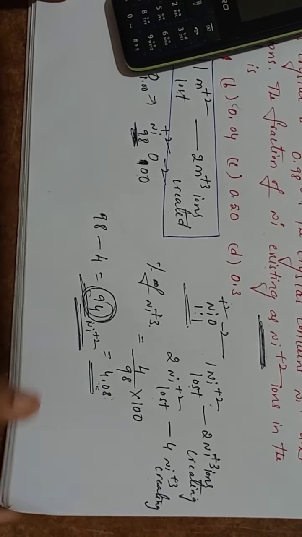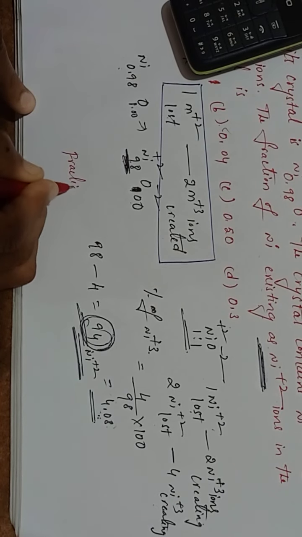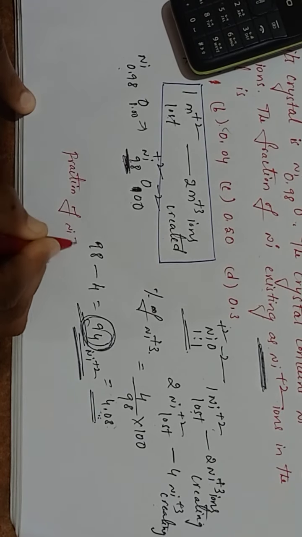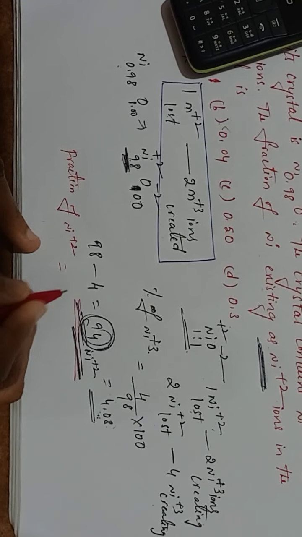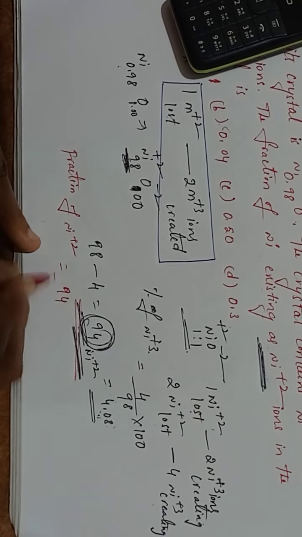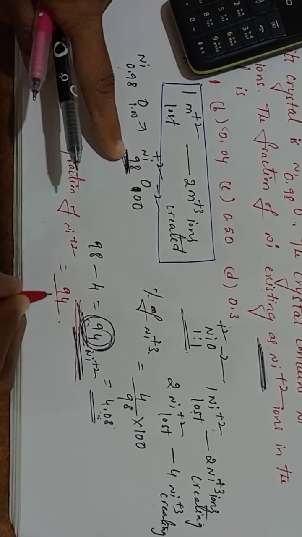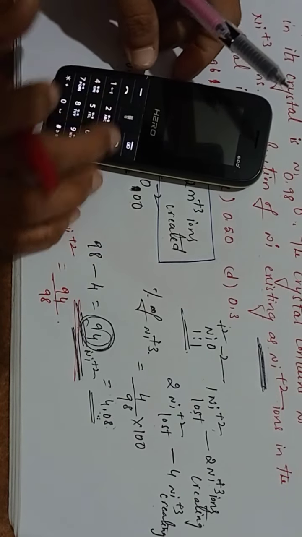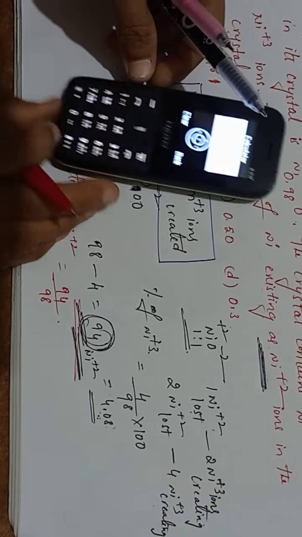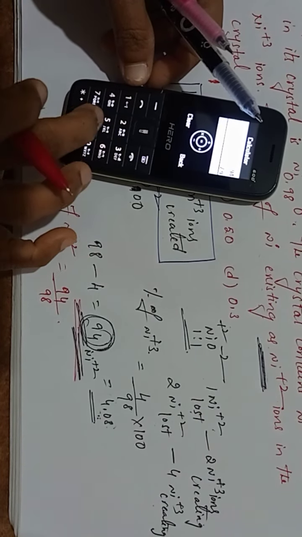Then you have to find the fraction of Ni+2. See here, students, how to find it? Fraction of Ni+2 is equal to total how many Ni+2 are there, 94, by total Ni+2 ions in the question, how many given? 98. 94 by 98. 94 divided by 98.